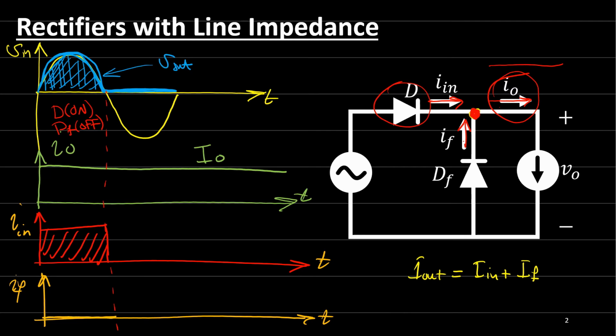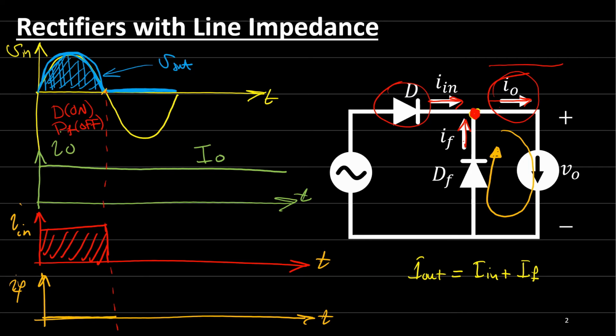At this point, since the voltage hits the 0 line, diode 1, which is the main diode, will be off, and the freewheeling diode will be on, conducting. So the current will be moving in this direction, and the output current will be the freewheeling diode current.